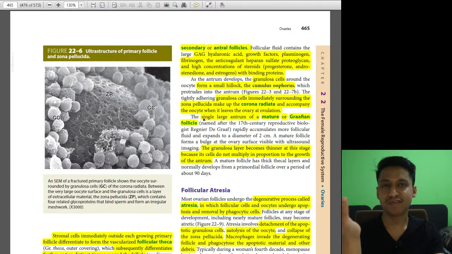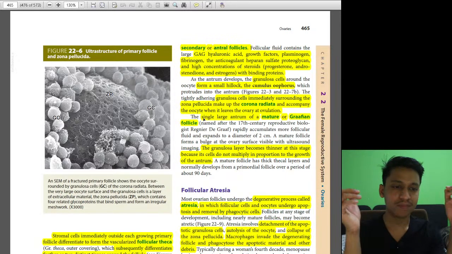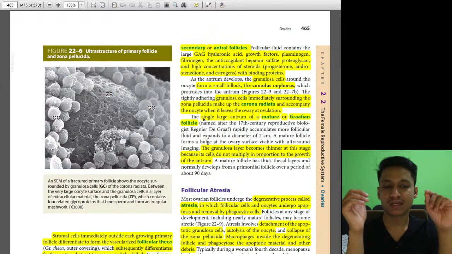Now, why Graafian follicle? We all know a lot of scientists who discover things like to make their name big. So the Graafian follicle is named after the 17th century reproductive biologist Regnier de Graaf.